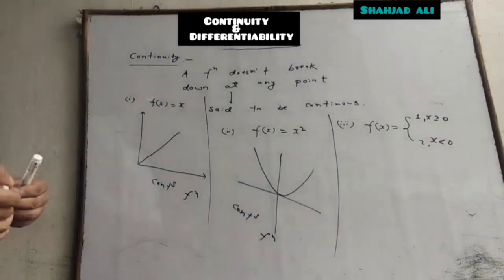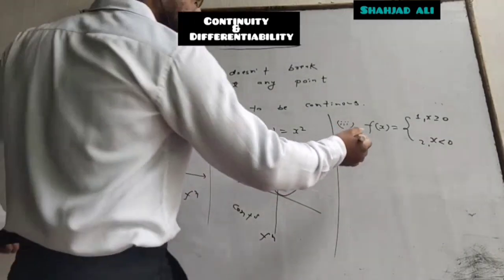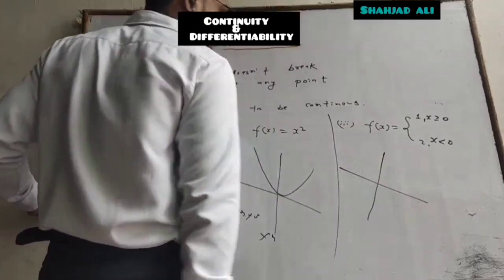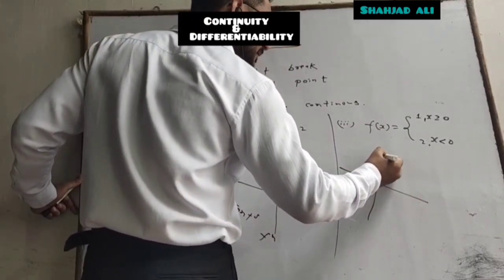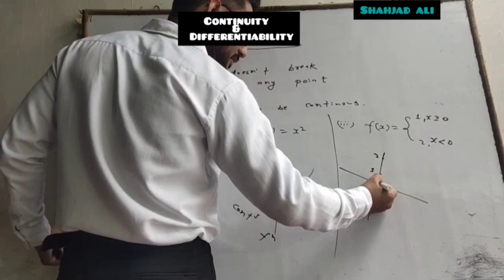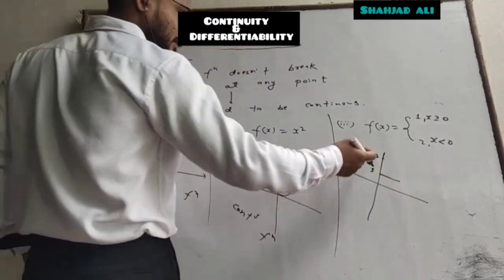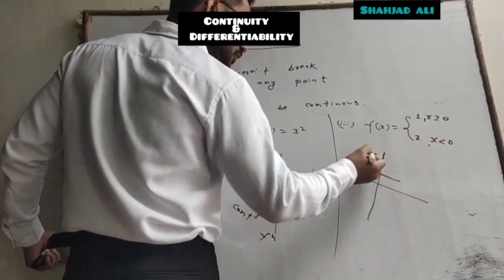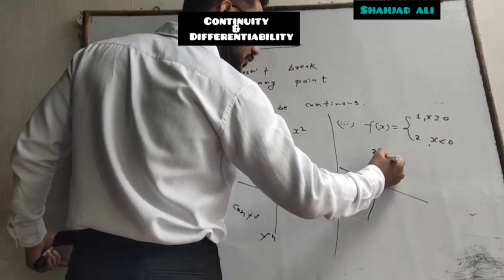For example, this is the type of function. So if you want to draw this, for x greater than or equal to 0 it will be 1, that one line, and for less than 0 it is 2, so that 2 line.